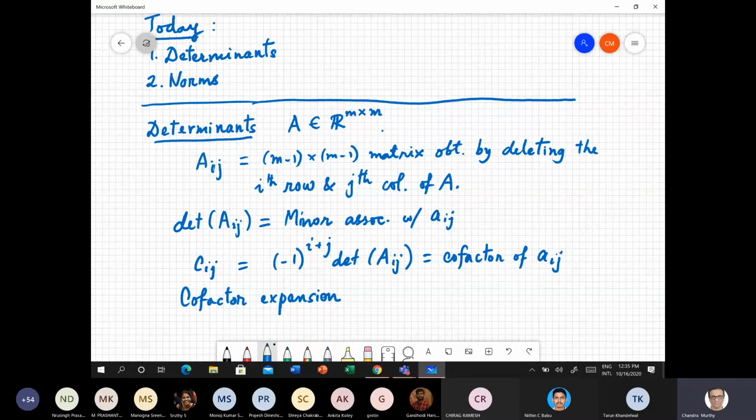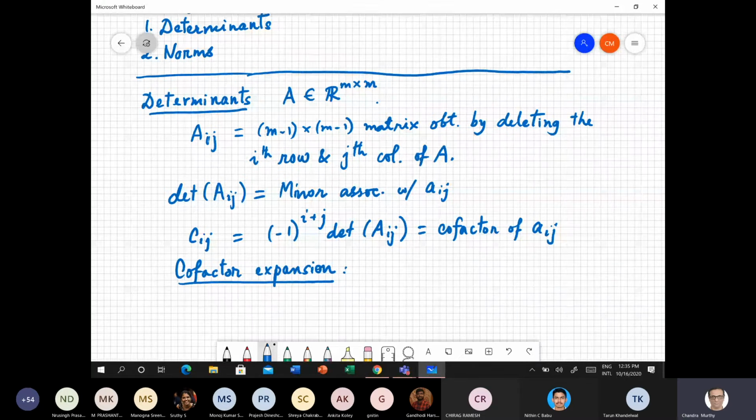So the way we define the determinant here, it's a recursive definition. The determinant of a matrix of size m by m is defined in terms of the determinant of a smaller matrix of size m-1 by m-1.